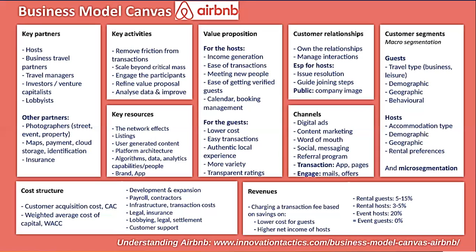And the key partners that Airbnb has are the hosts, the business travel partners to whom you will travel to your location, then travel managers, investors, venture capitalists, lobbyists, all these to maintain the system as it goes on, including the properties at which the travelers will stay.